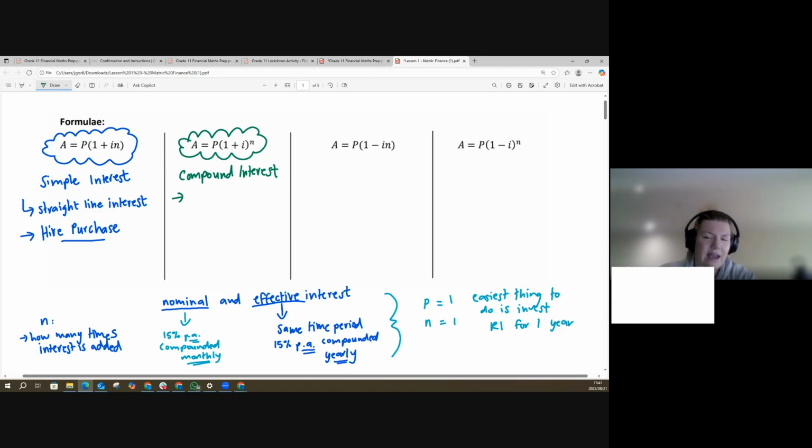What's the thing here? So like in simple interest, we had hire purchase that we had to know was simple interest. What's the thing that comes up in compound interest that we have to just know is compound? Inflation. Good. What's inflation useful for us in terms of financial maths? When would we use inflation? When we're trying to figure out what?